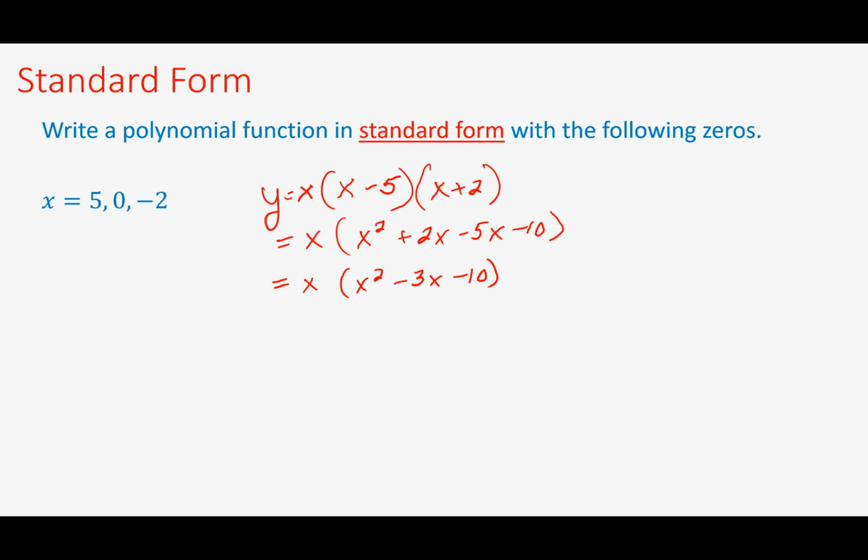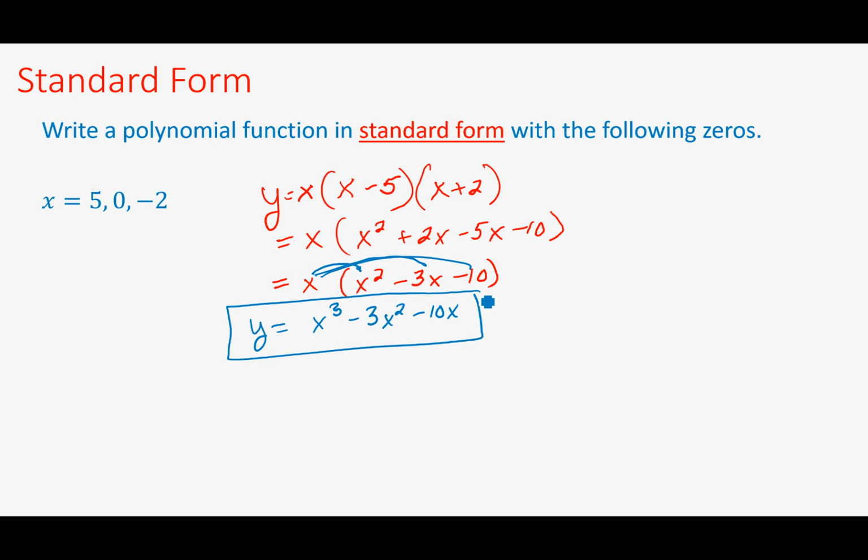So I'm getting closer. My last step, I still have to multiply that x in to every single term. And so I'm going to have x cubed minus 3x squared minus 10x would be my function in standard form that has zeros at 5, 0, and -2.